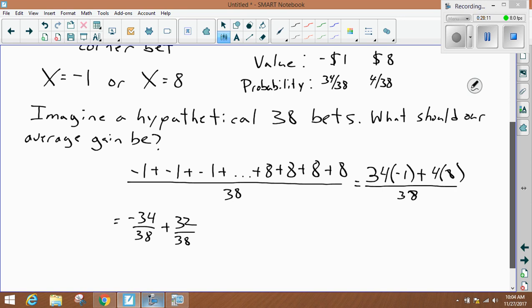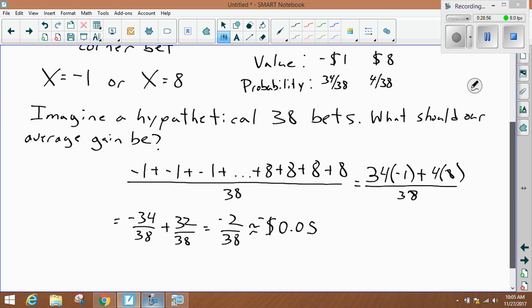Okay, I get it. So we wind up with -2 over 38, which is approximately, right? We're dealing with money, right? Negative 5 cents. So on average, you should lose 5 cents if you place 38 bets.